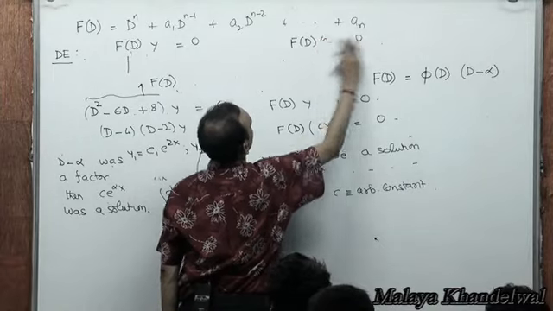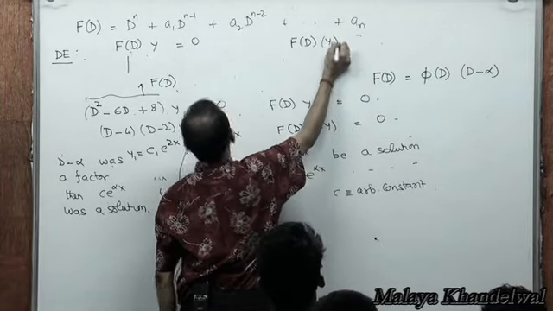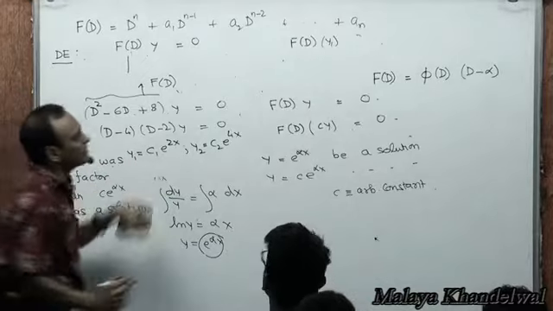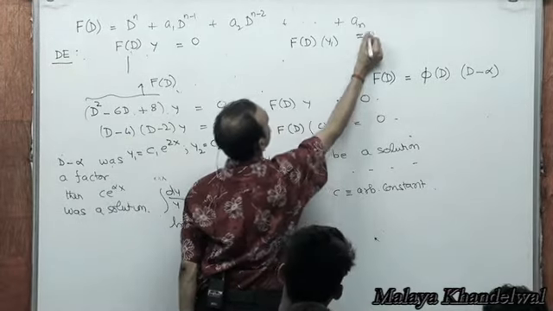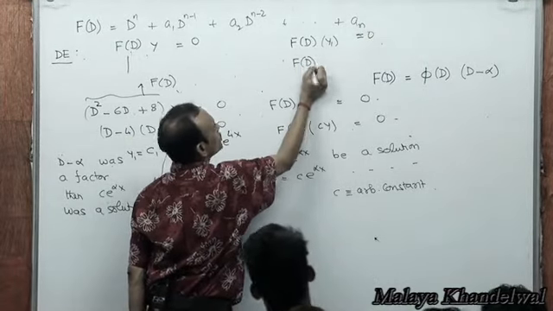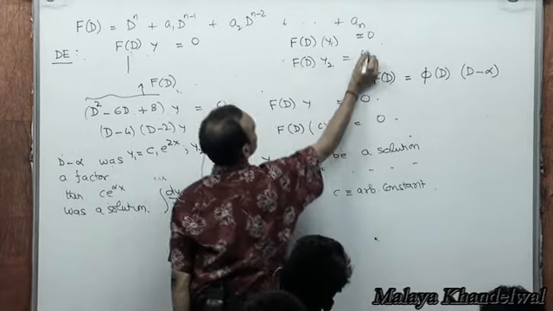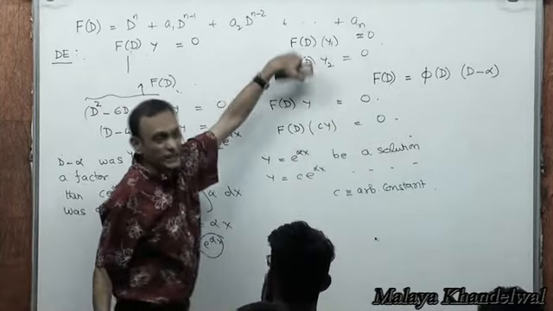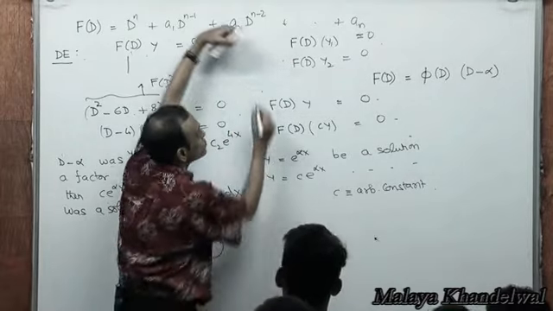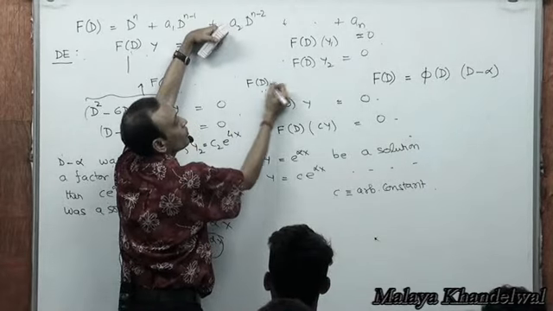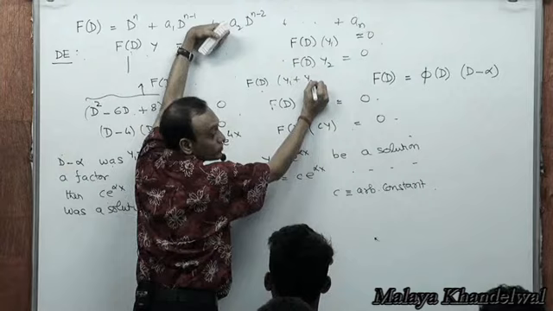If y1 is a solution and y2 is also a solution to the differential equation, fd is set of derivatives only. Add these two: fd acting on y1 plus y2 will be 0.